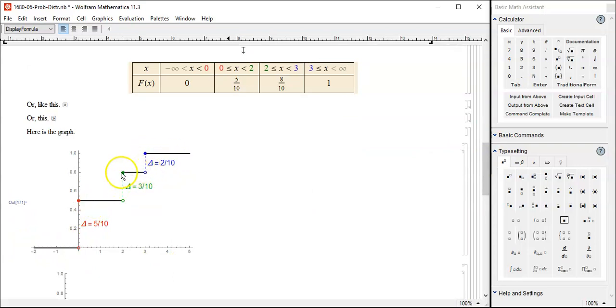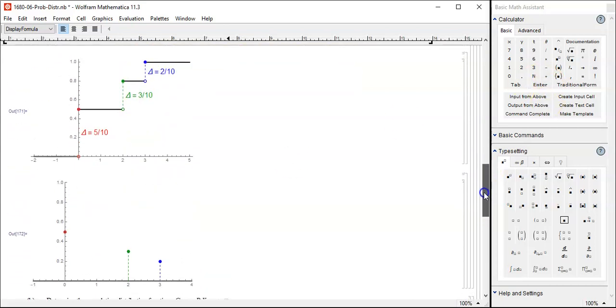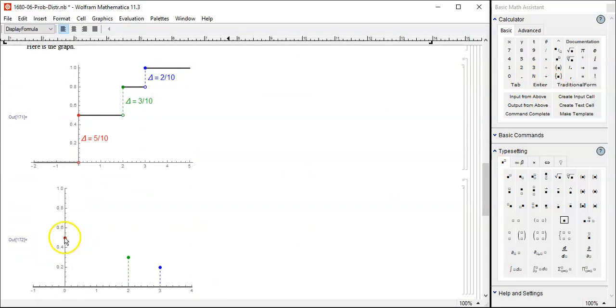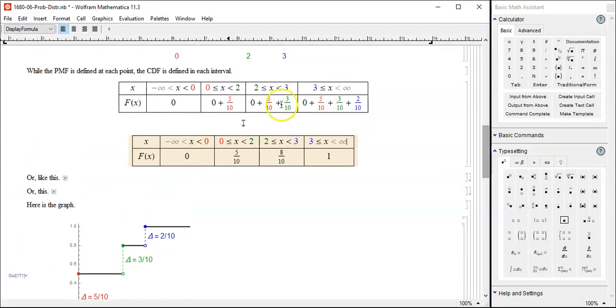The difference here, the jump, is the mass function. 5/10, 3/10, 2/10, that corresponds to this, and that. Here, if you subtract this from that, what do you get?